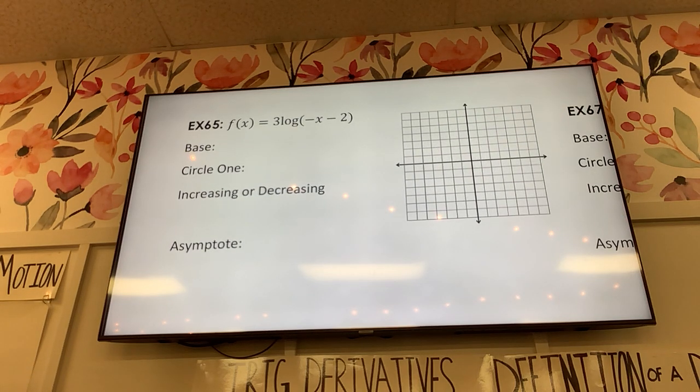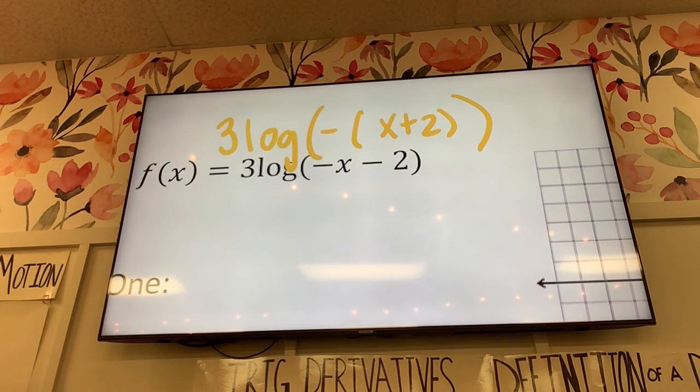All righty, last one. Now on this one, I'm going to rewrite and undistribute the negative. Can y'all see that? Is that too yellow? I'm getting bored with my colors.